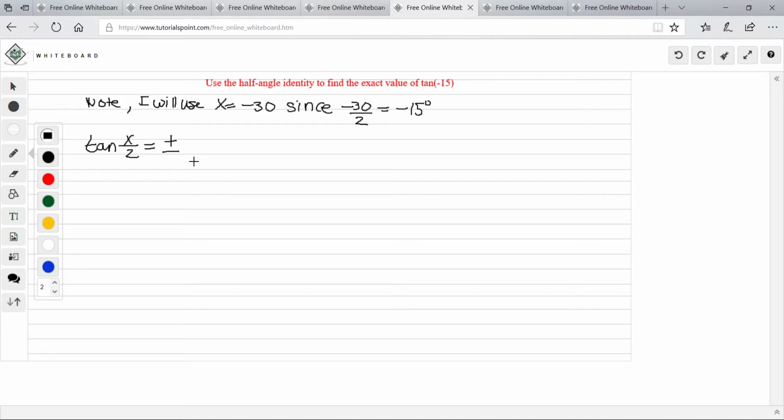Actually, hold on. I will use this formula: tangent of x over 2 equals, because I don't want to use the square root because it's going to get messy, so I'll use this one: sine x divided by 1 plus cosine x.